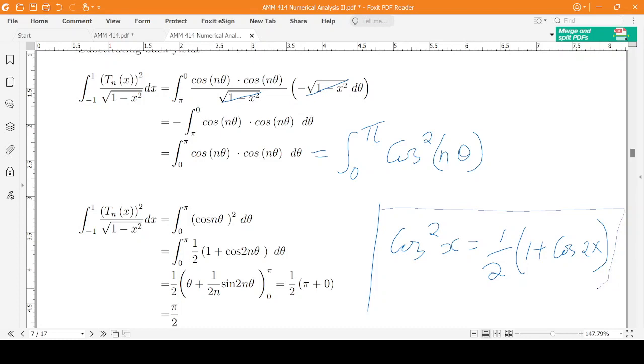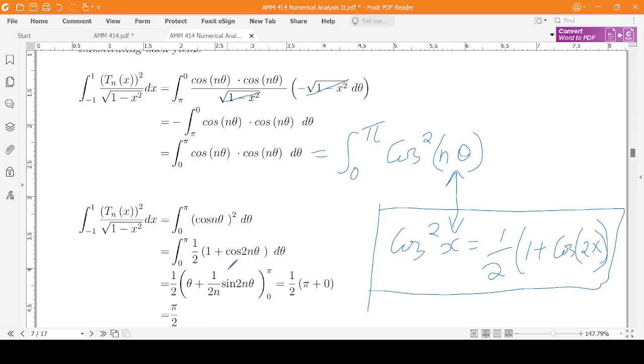This is a trigonometric identity. So when we replace x here with n theta, we get 1 plus cosine of 2n theta d theta.